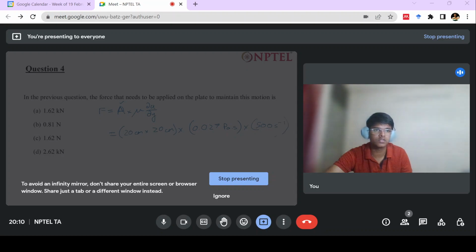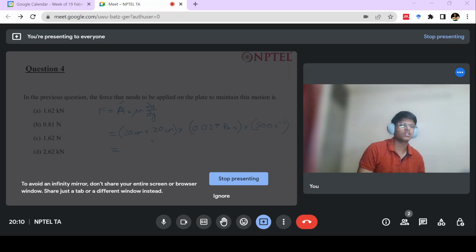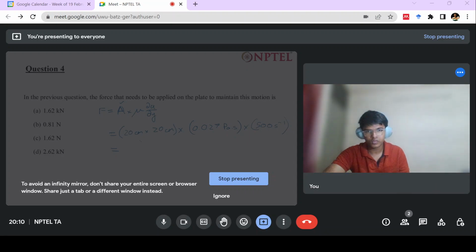I have written down these units so that we don't get confused, because there are centimeters and then there is meter somewhere. You can also convert everything into standard units like meter, second and kg. That also will save all this.